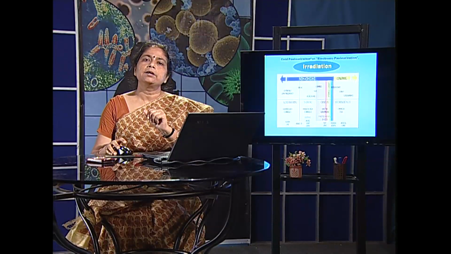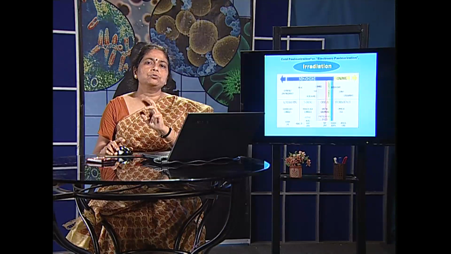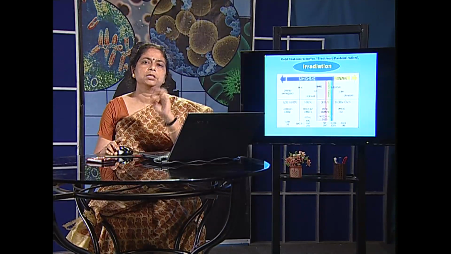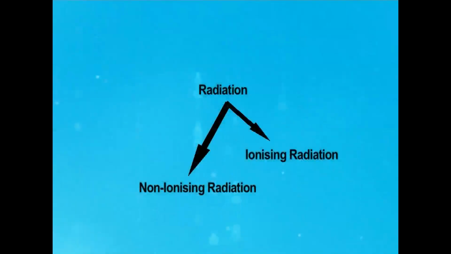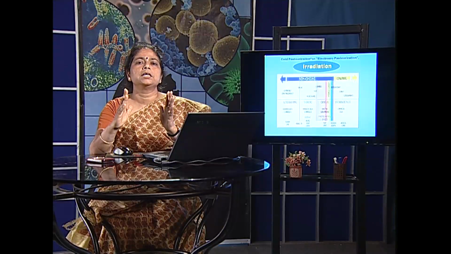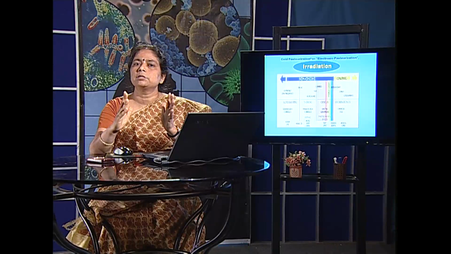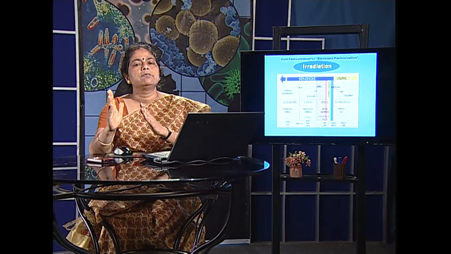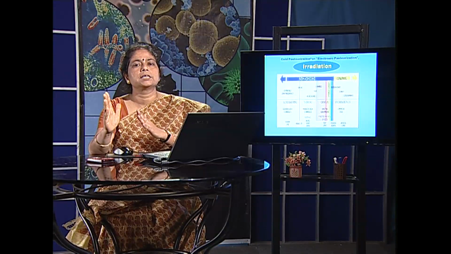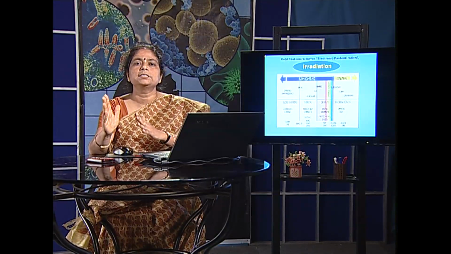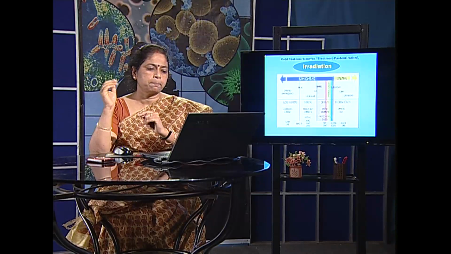If I consider the radiation, there are basically two types: non-ionizing radiation and ionizing radiation. In non-ionizing radiation, we consider the electromagnetic waves which do not ionize the atoms and molecules present in the food. However, in the other case, the radiations are ionizing, which ionize the atoms and the molecules.